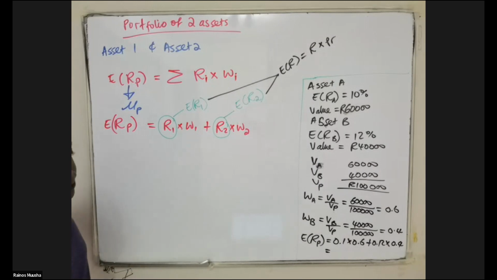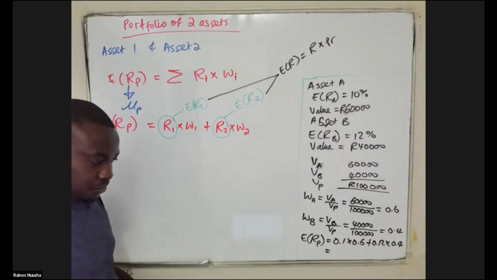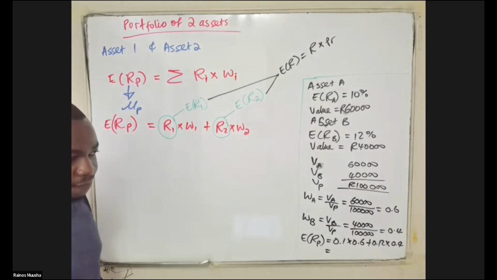How much do you get as the expected return of the portfolio? How much do you get?